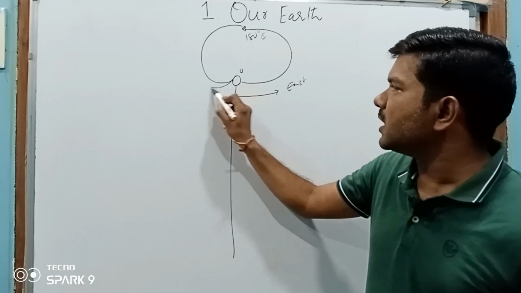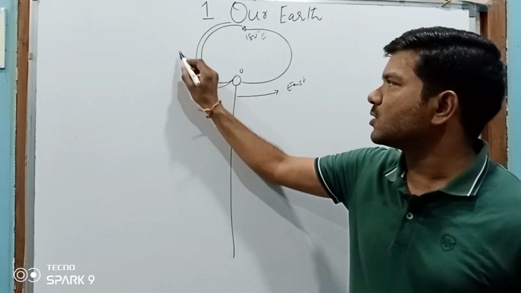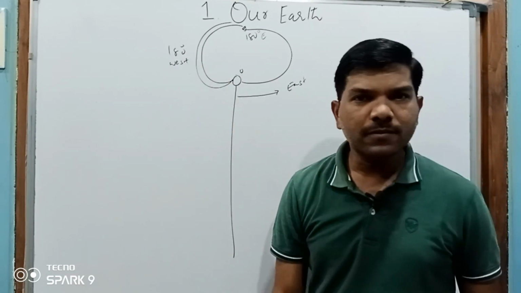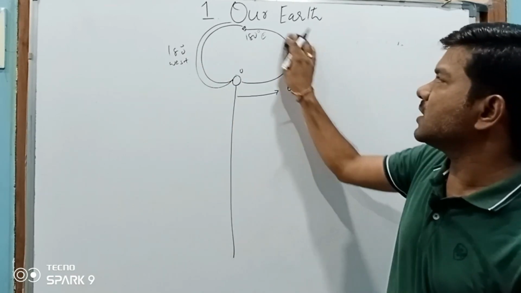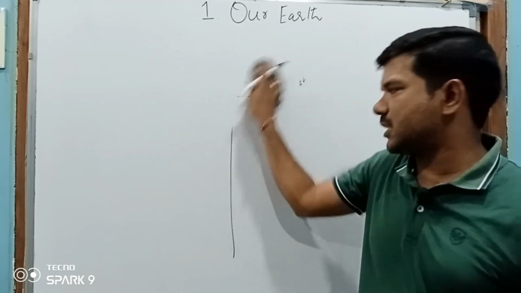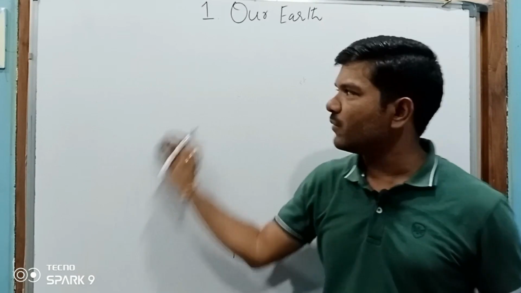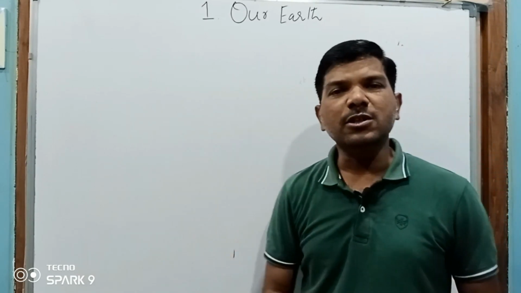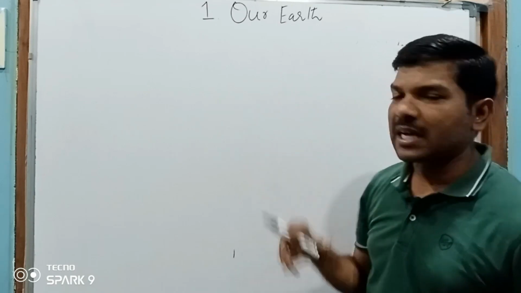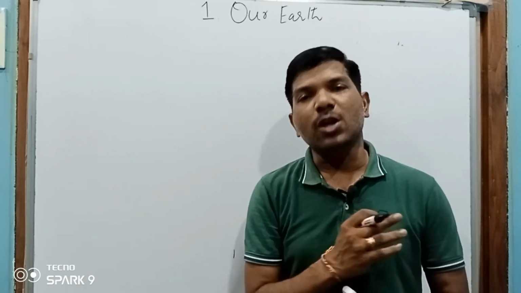If we count from the west side, it is called 180 degree west longitude. So this is only one longitude, but we are calculating twice. If you come from the west, it is called west longitude. If you count from the east, it is considered eastern longitude.